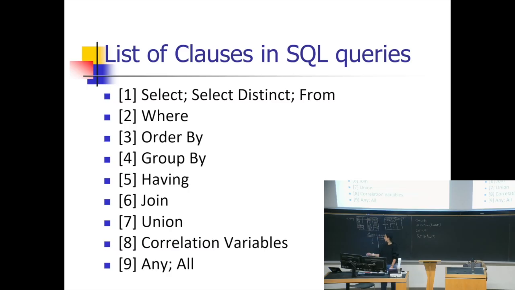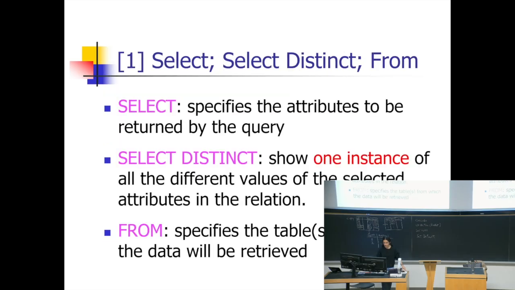Group by, if you want to group the data, finding, for example, average, count, sum, or anything like that. Having, if you want some other filtering after aggregation. And then we also cover join, union, correlation, and so on. For today, I can probably finish up to join so that we can also have some practice.